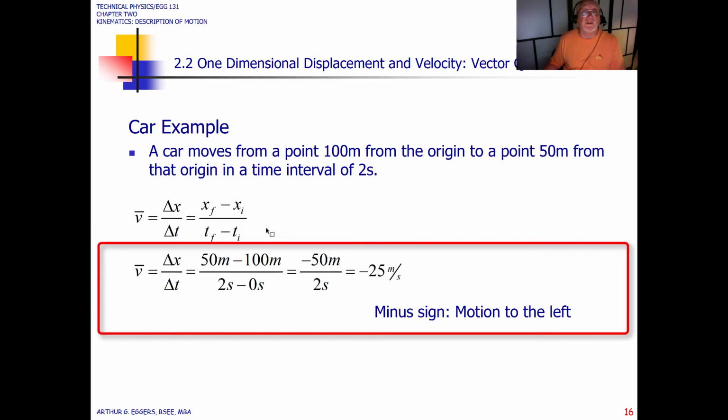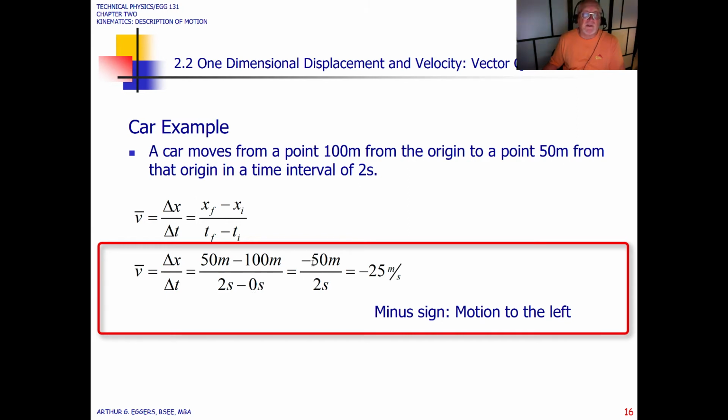Where's time initial? Well, time initial, as I said, generally starts off at 0 seconds. So we have 50 meters as the final, minus 100 meters, which is our initial, divided by 2 seconds, which is final, minus our initial time, 0 seconds.